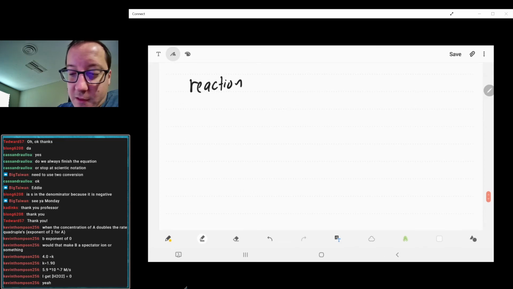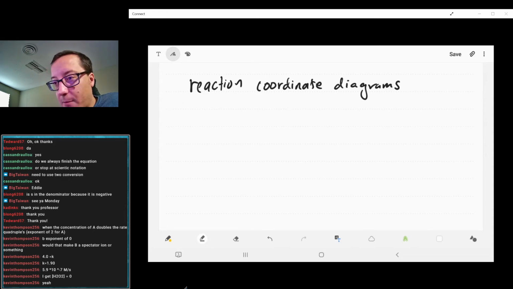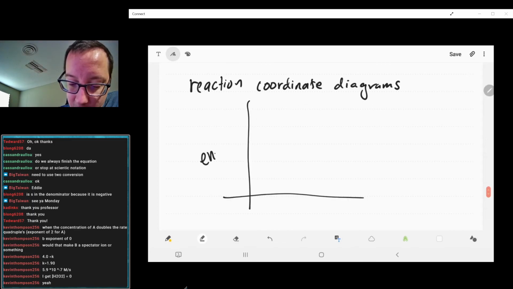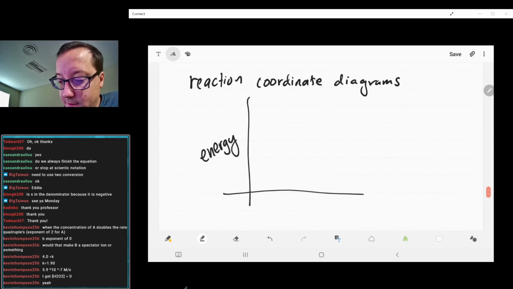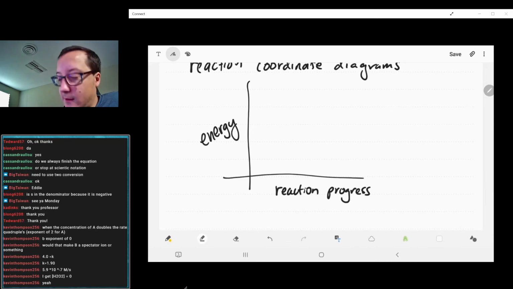Let's look at a few other things. We're going to be looking at some graphs in this chapter, where we're going to be looking at how energy looks as a reaction progresses. So these will typically look something like this, where we have energy as our y-axis, and we're going to have reaction progress on the x-axis there.